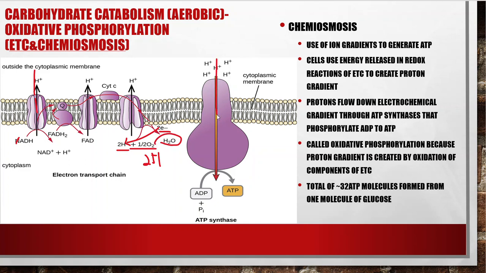And here we go. We're letting these guys come back in. The energy of their concentration gradient as they come in is used to take that phosphate and weld it onto ADP to make ATP to be used for energy.